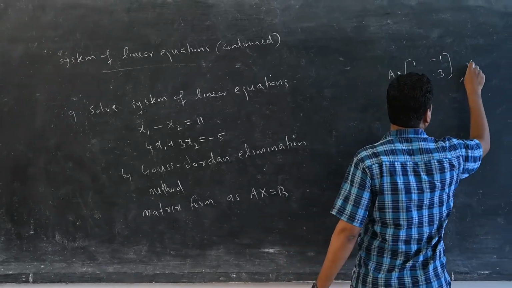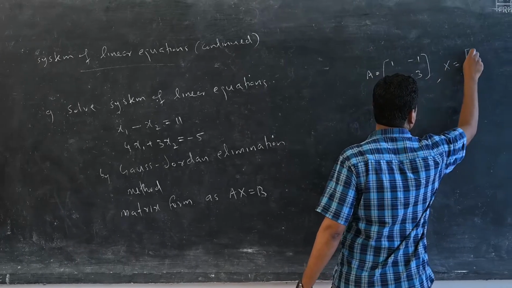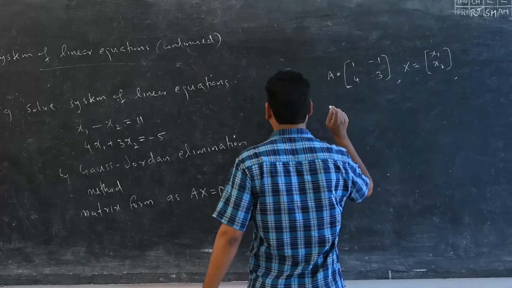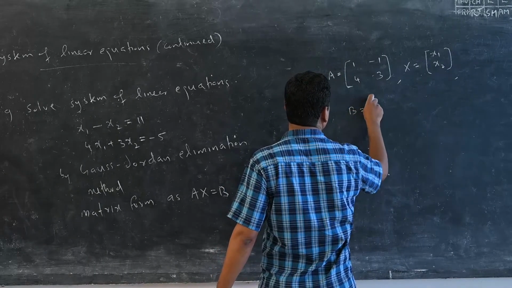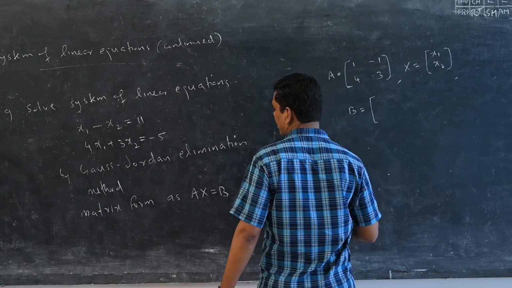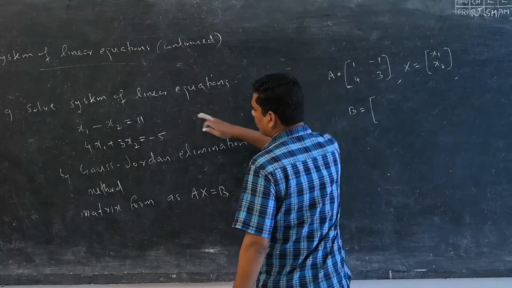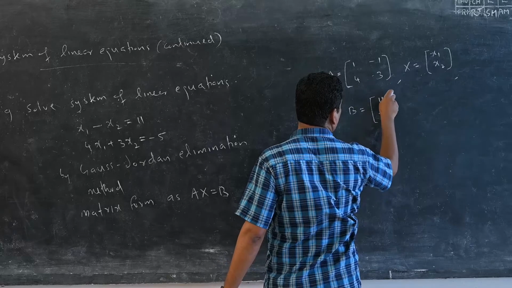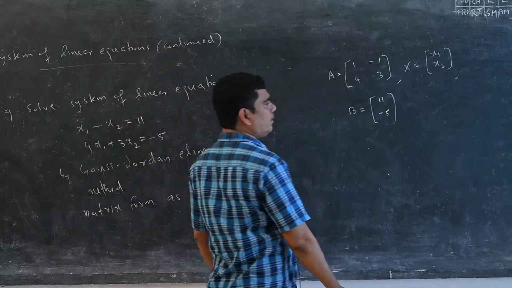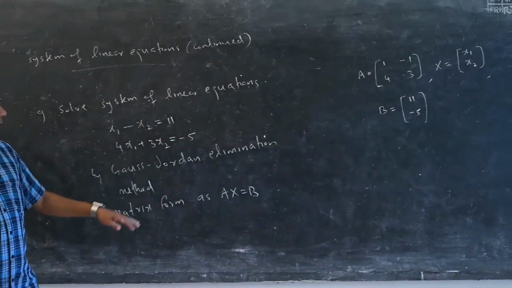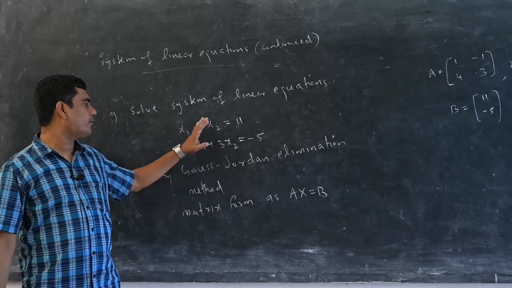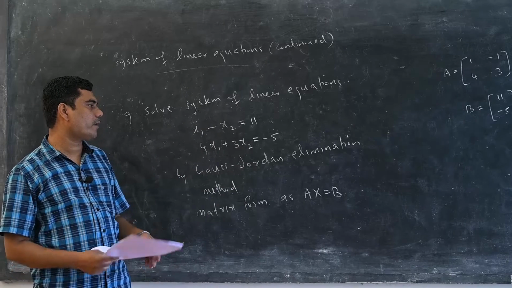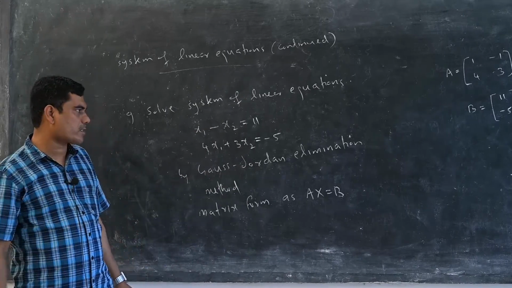X is the column matrix of the unknowns x1 x2. B is the constant matrix, that is 11 minus 5. Ax equal to B is the matrix form of this linear system.